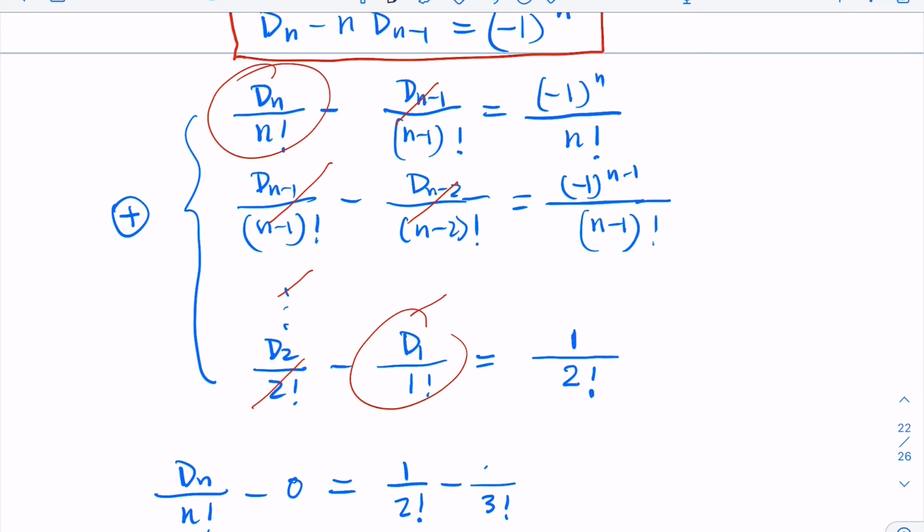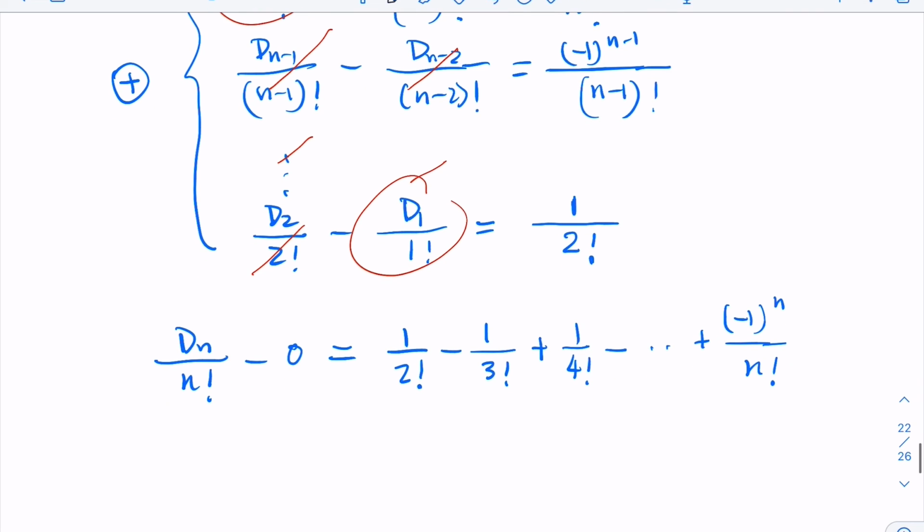This is going to be 1 because this is alternating terms, right? They're going to be plus, that's going to be 4 minus, and until you at the end you're going to have negative 1 raised to the nth power over n factorial. Okay, so that's the expression. So what is dn? So dn is going to be n factorial times this whole term.